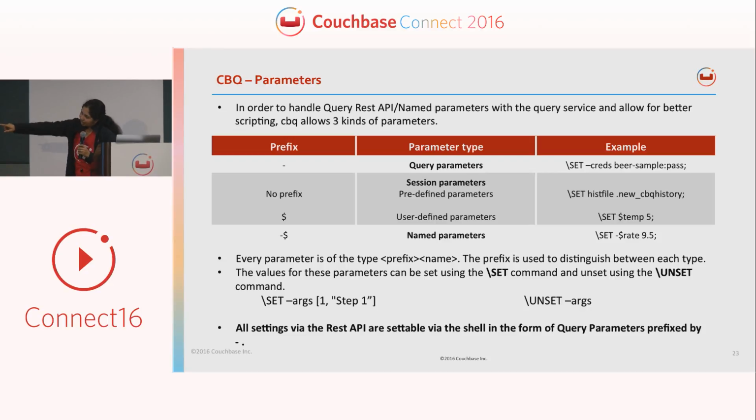We're setting args to have 2 values, 1 and step 1, and this will refer to $1 and $2 within your prepared statement. And all of the settings that Nickel can have via the REST API are settable from the shell using the set command and the prefix minus.